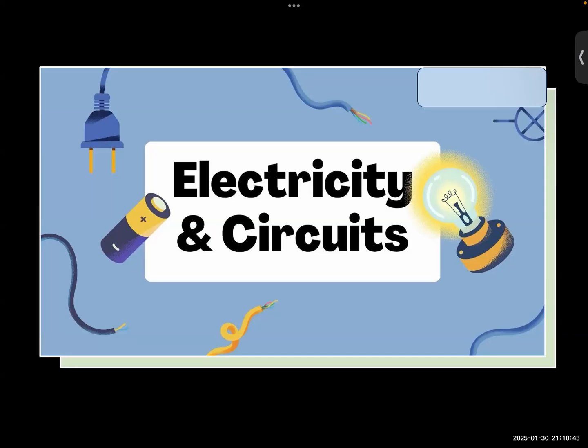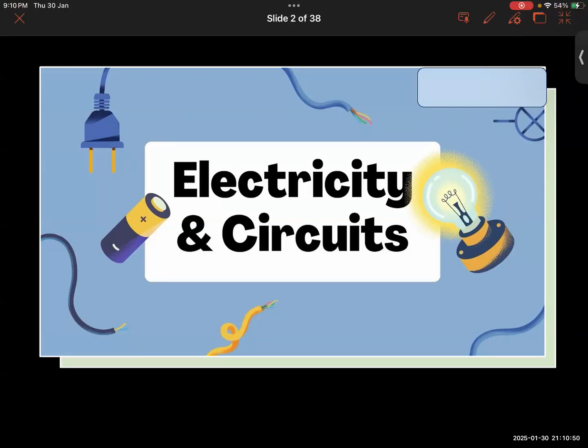Is it from positive to negative terminal or from negative to positive terminal? Sir, can you ask the question again? The question is, what is the direction of flow of current in a dry cell?